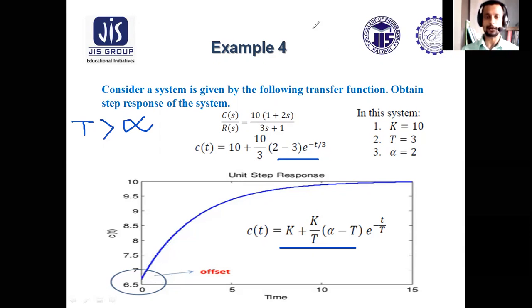Yes, there is one difference. The difference is indicated by this circle. Why does this happen? This circle has a value somewhere between 6.5 and 7. So what is happening actually? The step response of a system with no zeros is K into (1 minus e to the power minus t by T).